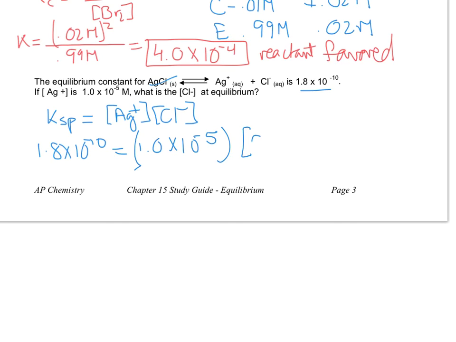And they want the Cl minus concentration. So we just divide the Ksp by 1.0 times 10 to the negative 5th. So the Cl minus concentration is equal to 1.8 times 10 to the negative 5th. Don't forget to put units, that's molar.